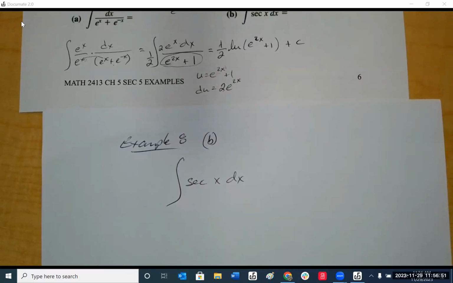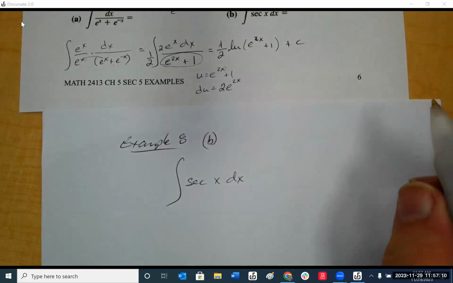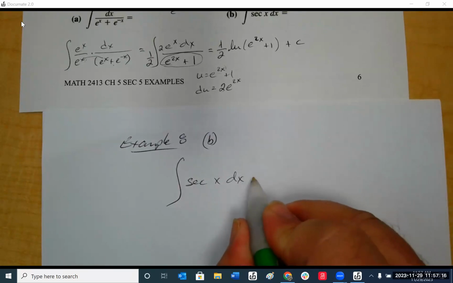What do we multiply by here? 1 over secant x.